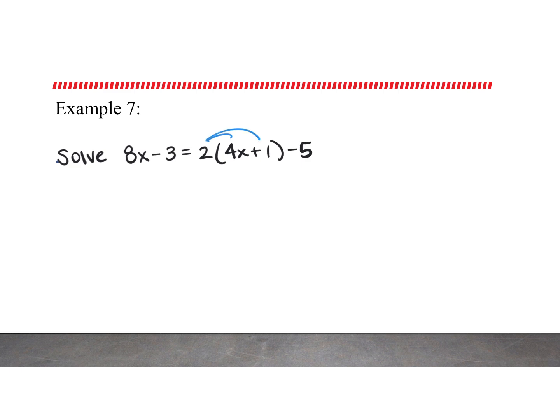So we are going to distribute the 2 by multiplying it to both parts inside that parenthesis. 2 times 4x gives us 8x. 2 times 1 gives us 2. Then we can combine like terms on each side. This side over here on the right has 2 things that we can combine, plus 2 and the minus 5, which gives us negative 3.